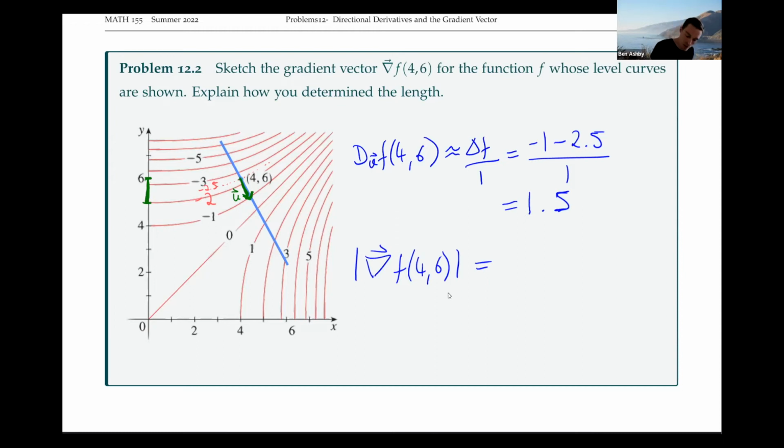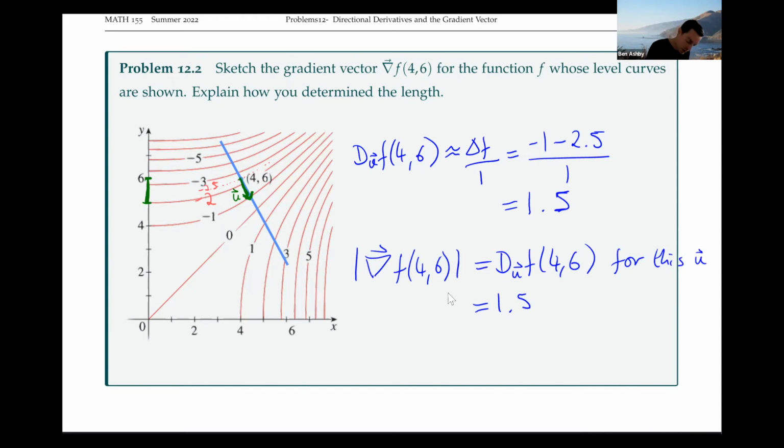So in this case, this is just equal to our directional derivative of our function for this particular u. All that won't be true if we choose a u in a different direction. In this case, it is true because it's going in the same direction. So this is just equal to 1.5.